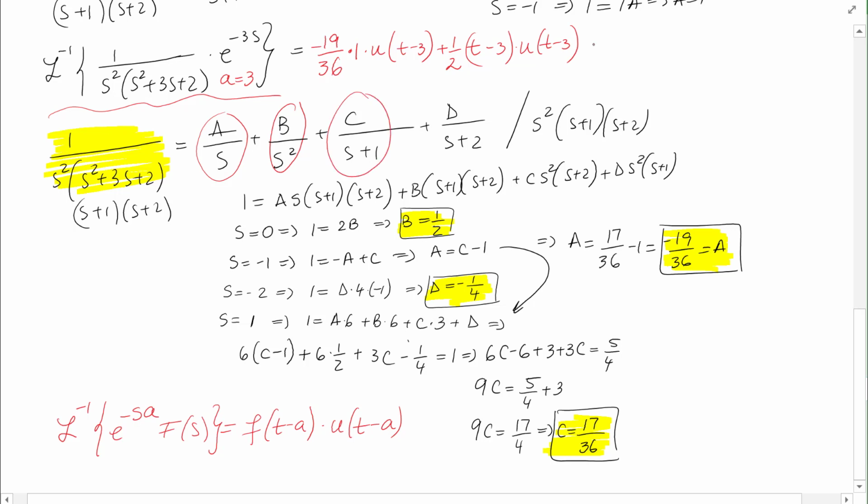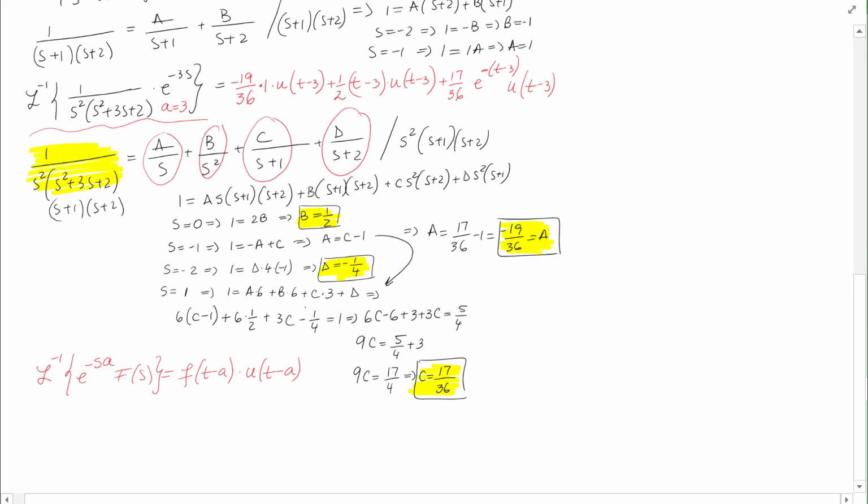Now c, so plus 17 over 36, and the inverse Laplace transform of 1 over s plus 1 is e to negative t, so it's going to be e to negative (t minus 3) times u of t minus 3.